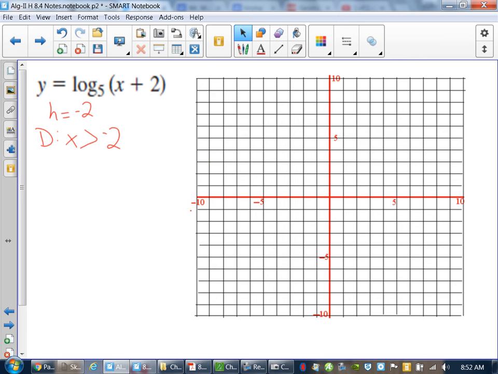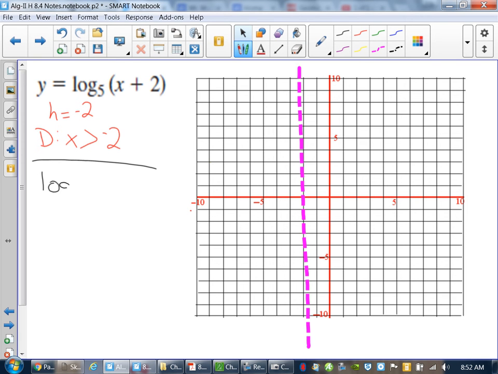So I put my asymptote in first. And again, I'm going to pick values that make it work. Now I need to think about, I have log base 5 of something plus 2.